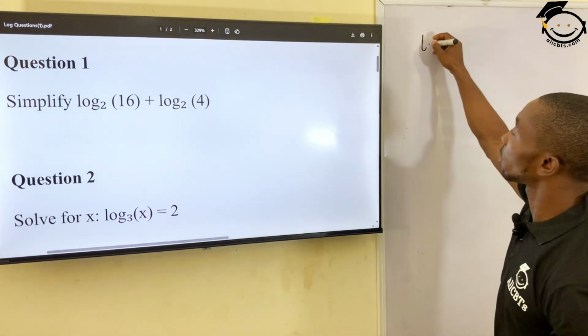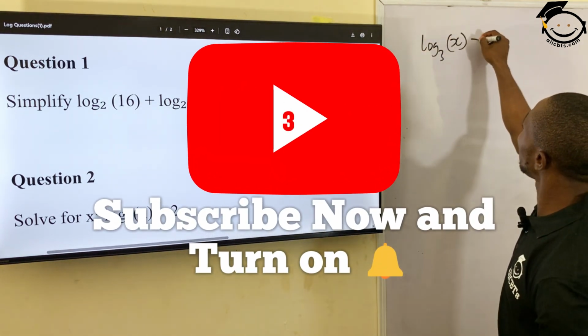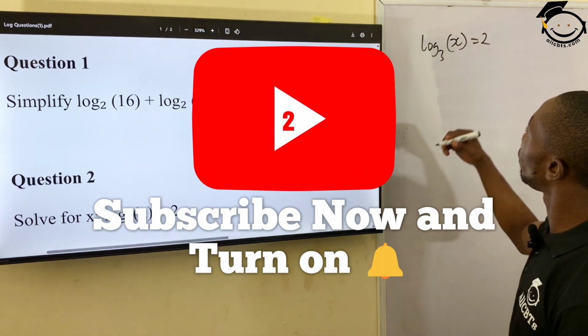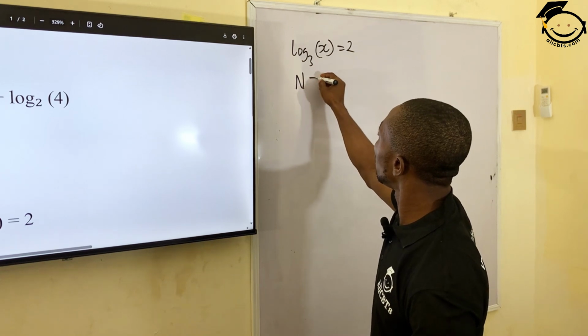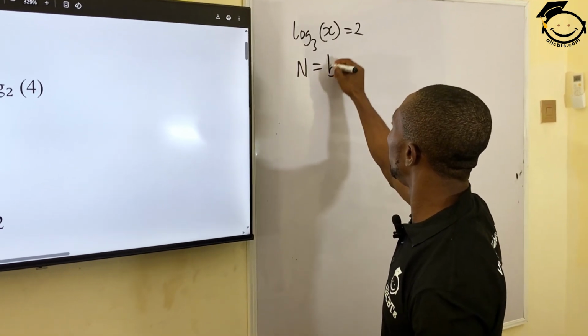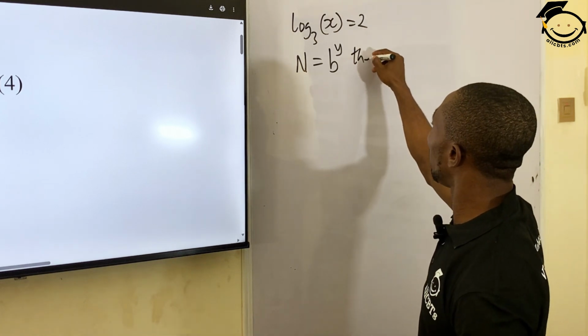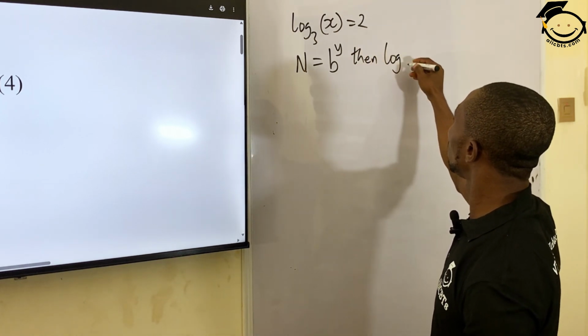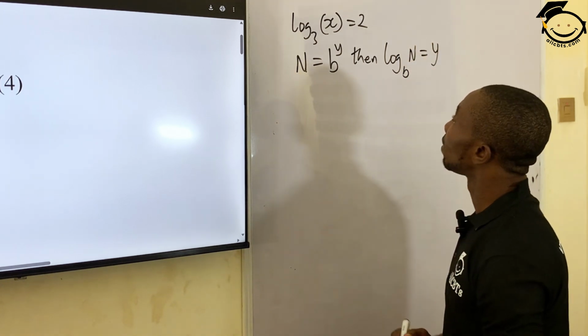Question 2, solve for x in log₃x equals 2. Now we need to remember that if we have n equals b to the power y, then log_b n equals y.